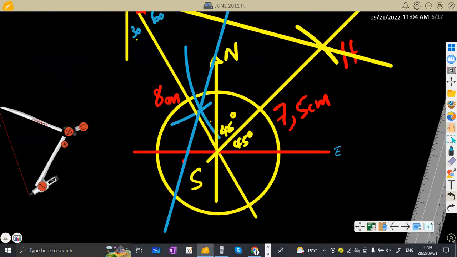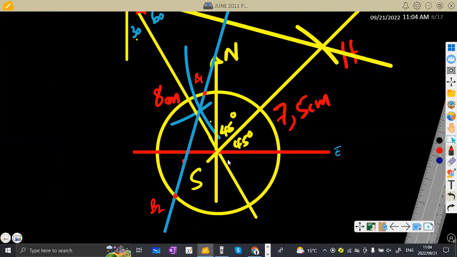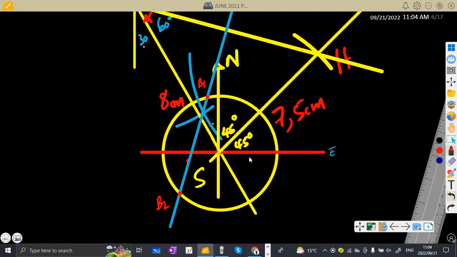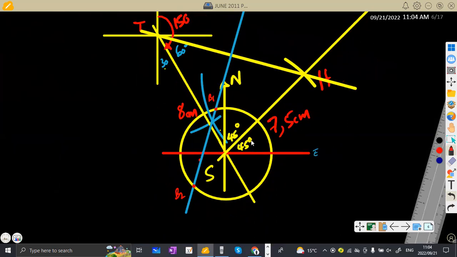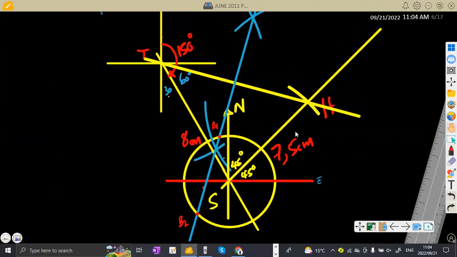So you'd mark those points like this one. You just name it B1. You mark also this one. You call it B2. Okay, so that was the consideration of the question. Mark and label. So it's not about just marking the points, but you're supposed to mark, then label the points. Okay, so that was it for this part here.